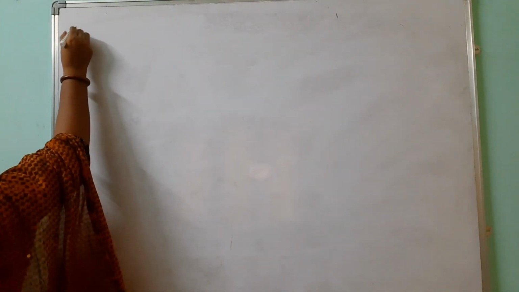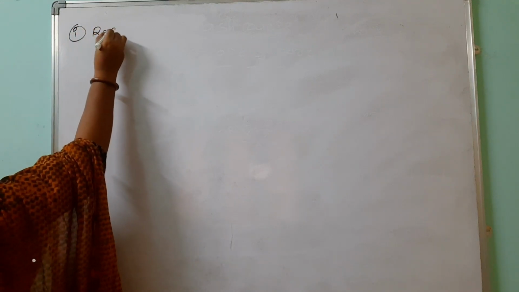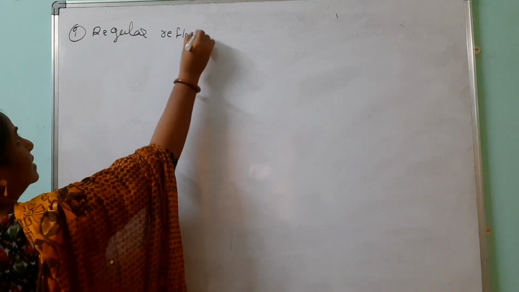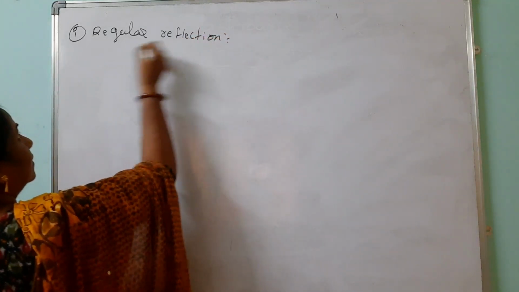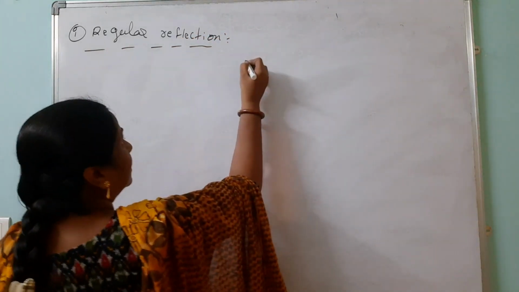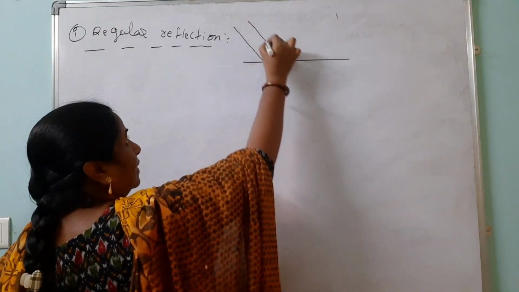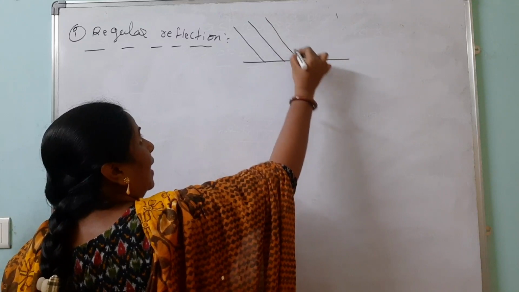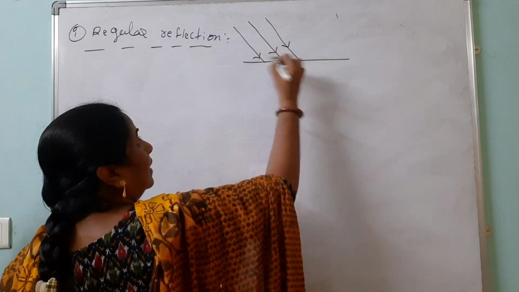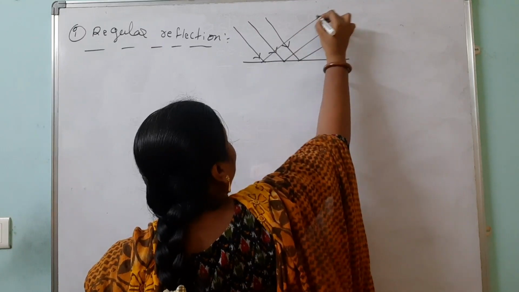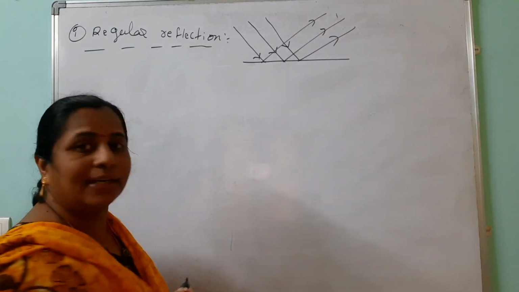Look here, first one is called regular reflection. In regular reflection, look here, polished surface. These are the incident rays, like this. All these are parallel to each other. After reflection also, reflected rays are parallel to each other. This is called regular reflection.